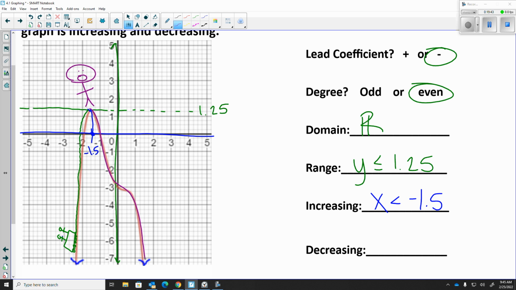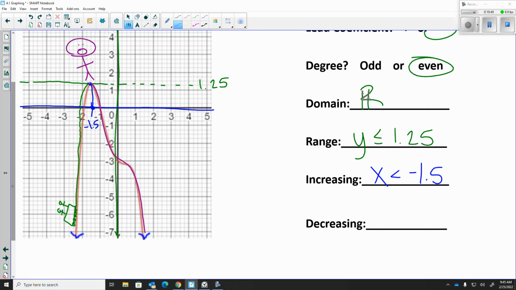Hey, how do you write this? x is greater than negative 1.5. Once you get past 1.5, you're going down the roller coaster and peeing your pants. Okay? No, you did not. I did not pee my pants.